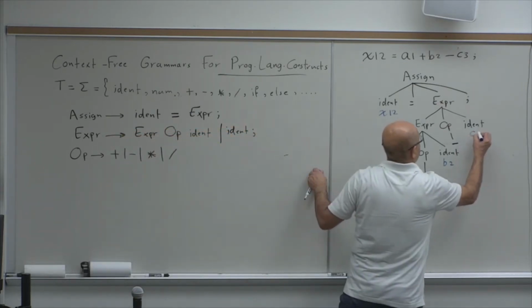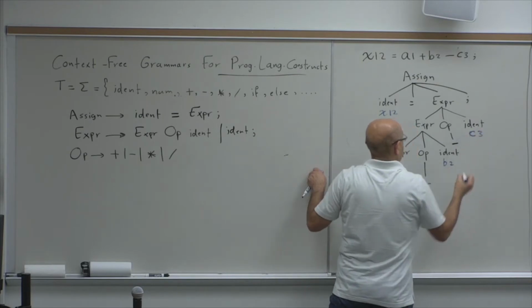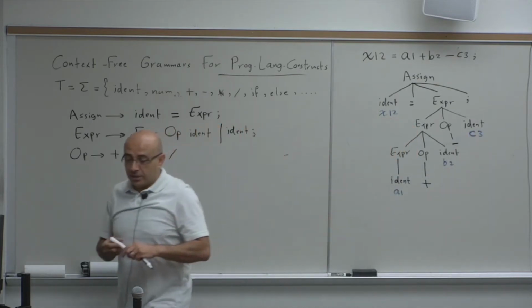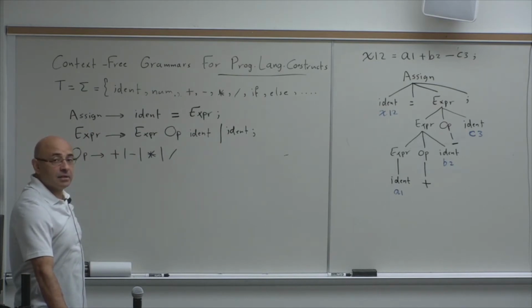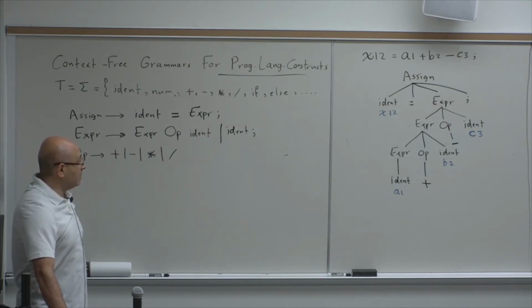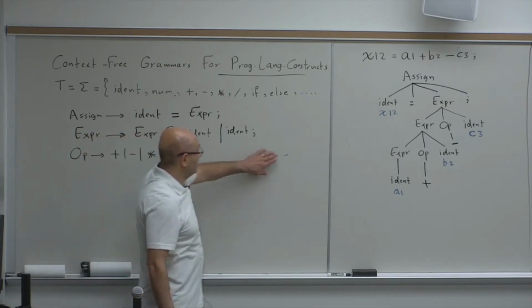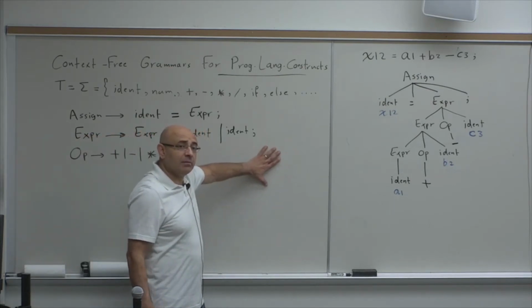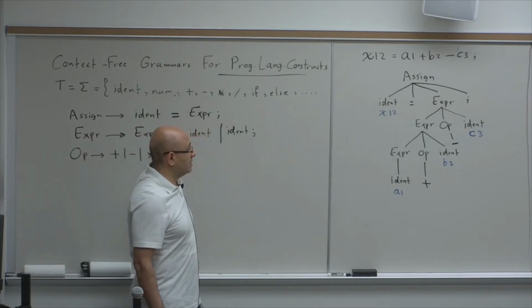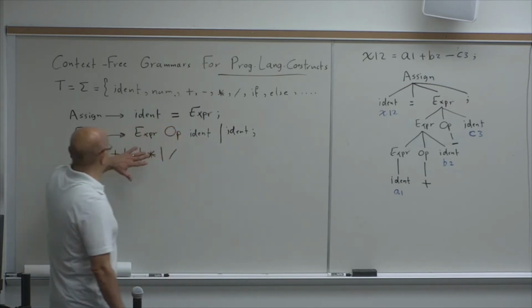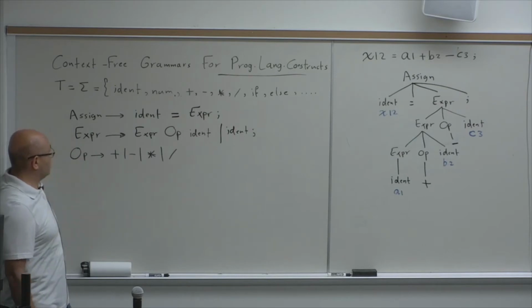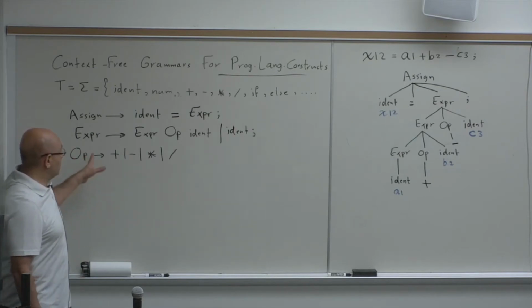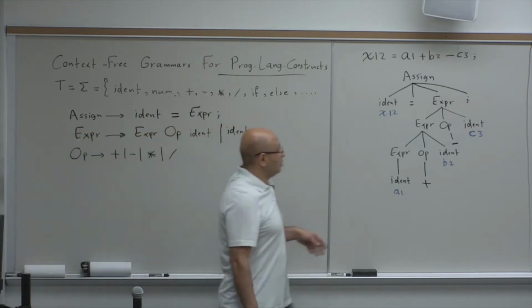C3. Okay. So any questions about this derivation? Does this look like a valid derivation? Yeah. So in fact, this is a valid derivation for this definition of an assignment and an expression.